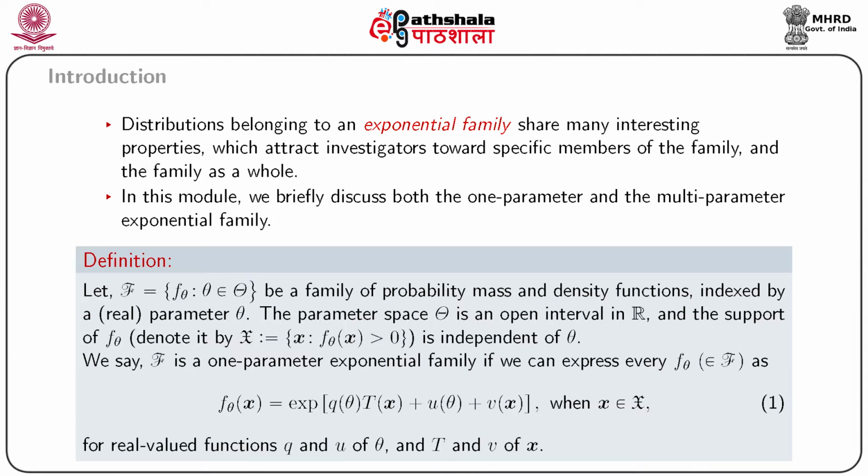Let script F be the set of all f theta x such that theta belongs to script theta, a family of probability distributions, where the support set of all x such that f theta x greater than 0 is independent of theta, and script theta is an open subinterval of real line.